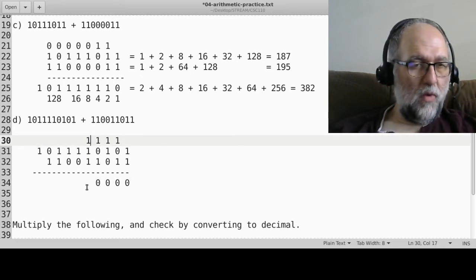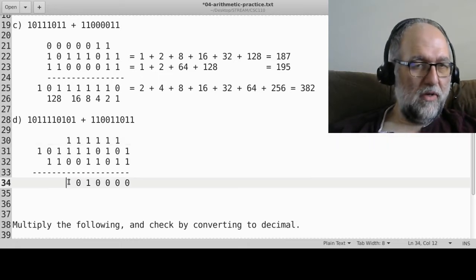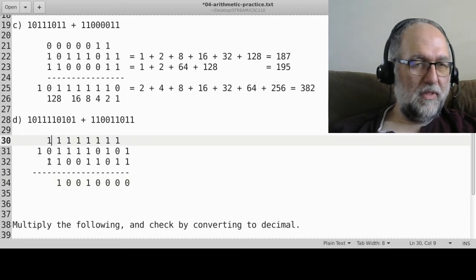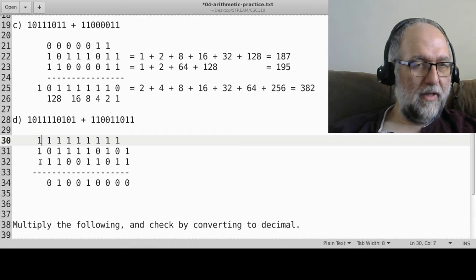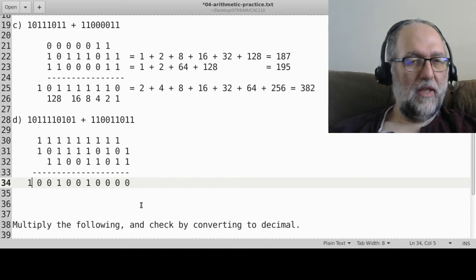Then you have 1 plus 1 plus 1, which is 1, carry 1. 1 plus 1 plus 0, 0, carry 1. 1 plus 1 plus 0, 0, carry 1. 1 plus 1 plus 1, 1, carry 1. 1 plus 0 plus 1, 0, carry 1. And then 1 plus 1 plus 0 is 0, carry 1, and that's your last digit, so there's nothing.